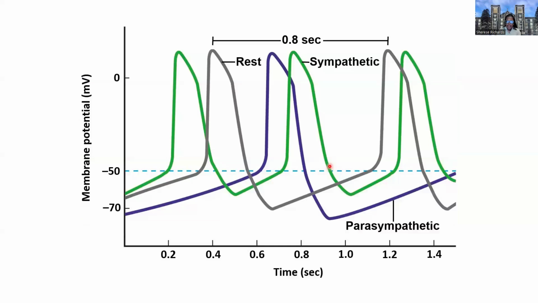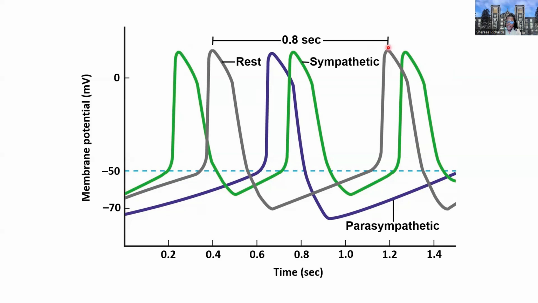So here's a graph just comparing those two events. Here's our membrane potential. Here's rest at -70, -50 our threshold, and then up to more positive membrane potential. Here's our time. Now notice that the gray curve is sort of the resting curve. We're going to fire two action potentials within this 0.8 second span.